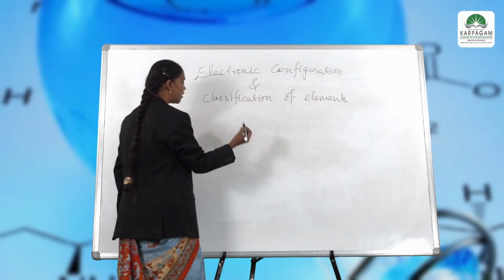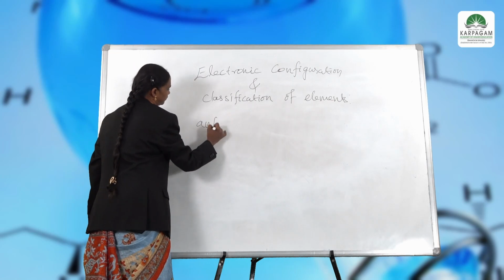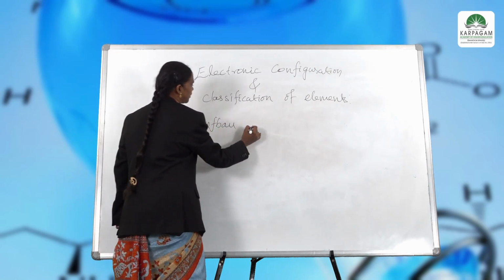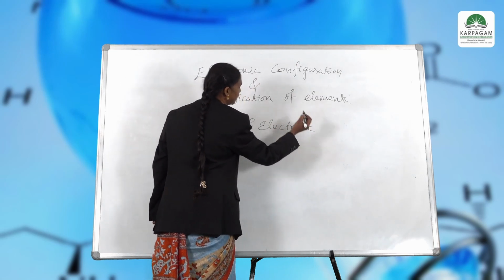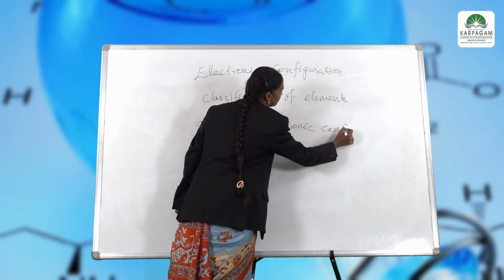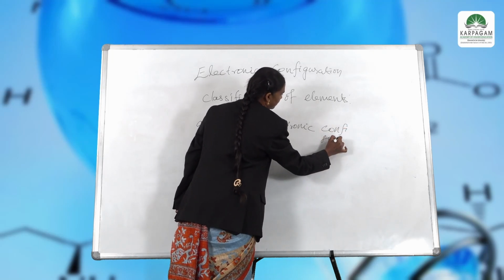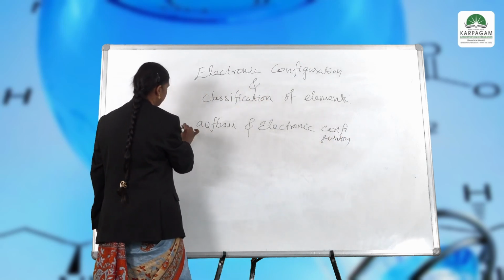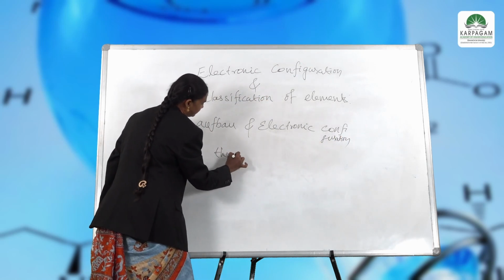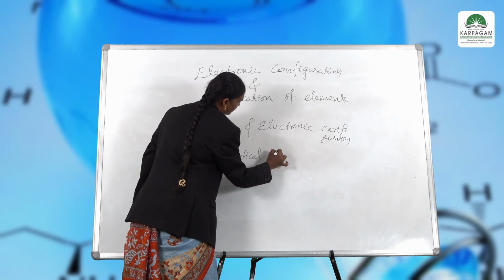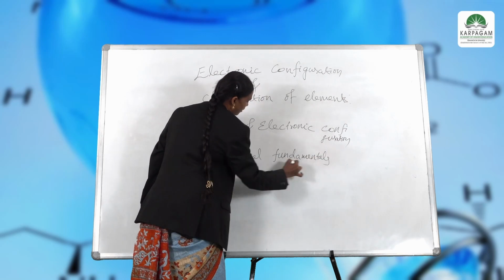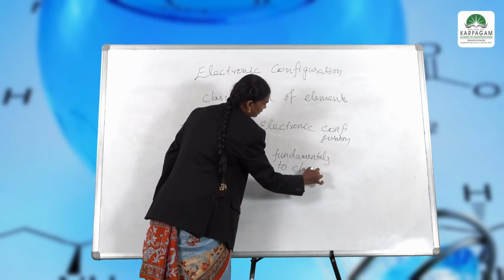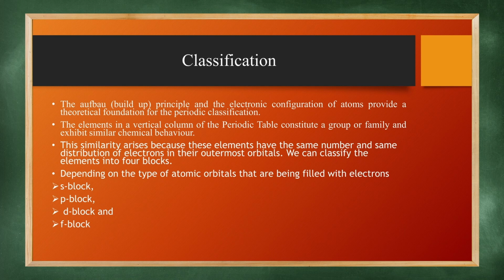So, here the Aufbau principle and the electronic configuration of elements are the main two concepts which give the theoretical fundamentals to classify the elements.